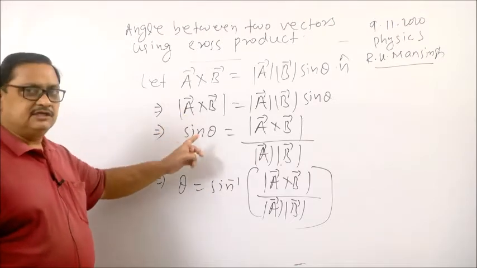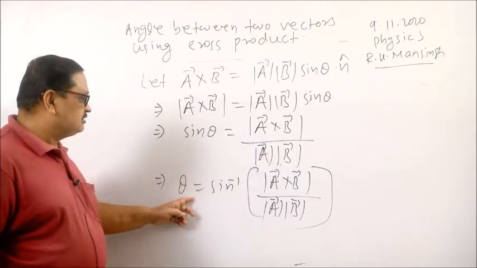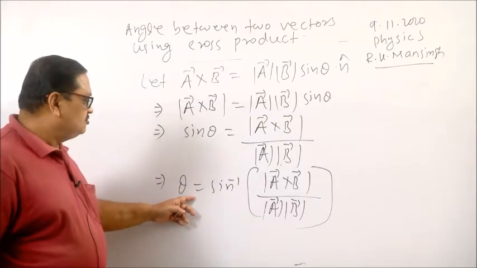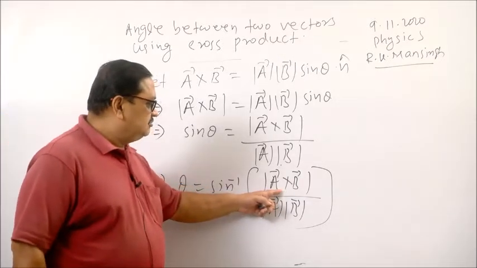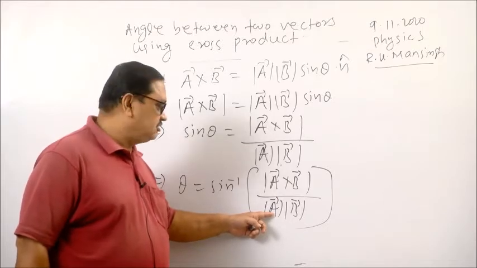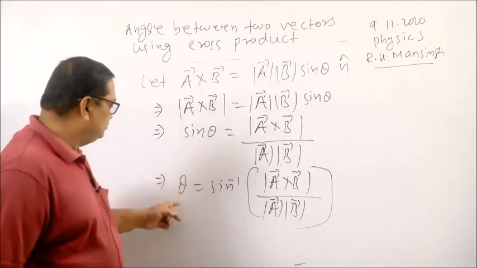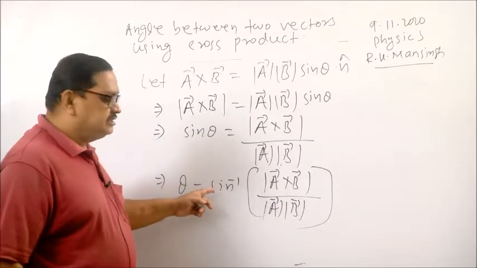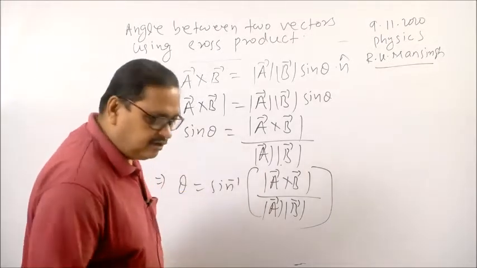Using dot product you can find the angle between two vectors, and using cross product you can also find it. Here we have to find the magnitude of A cross B, then individually the magnitude of vector A and vector B, then substitute the values, and you can find the angle between two vectors. Now we will consider one example.